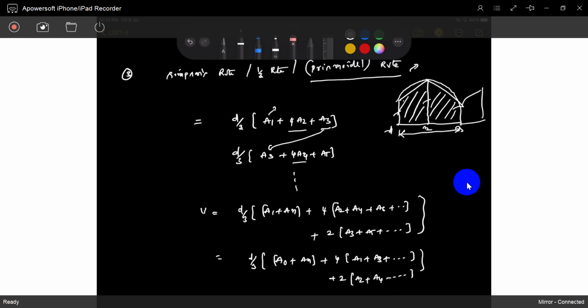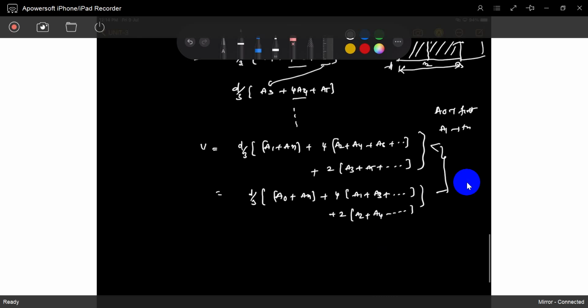Whether you use A0 or A1 as the first area, it is no problem. Those are the elementary rememberings. That's the story of the volumes.